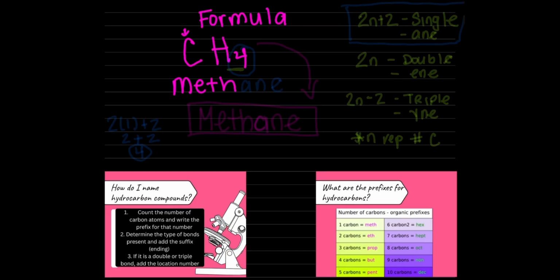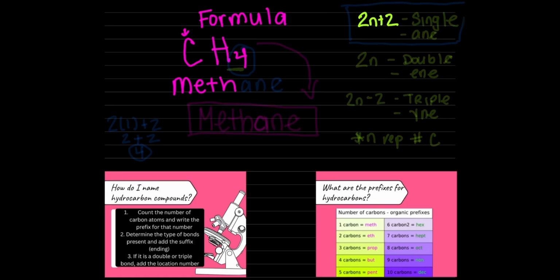In order to identify your suffix, you want to be able to identify the number of bonds that you have for that formula. In order to identify the number of bonds, you're going to have to use what we call formulas. So for your hydrogen formulas, you're going to use 2n plus 2.